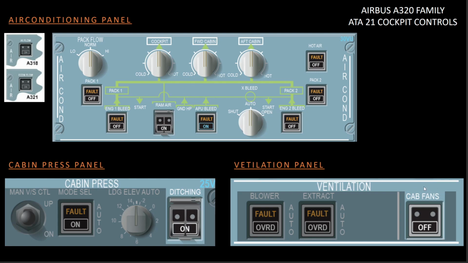And the other push button we discussed was the cabin fans. So that is in the ventilation panel. So when you set this to off, the recirculation fans will stop, and there is another instance where the recirculation fan will get stopped.